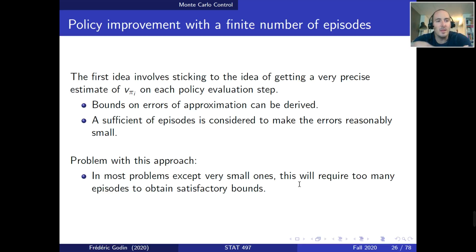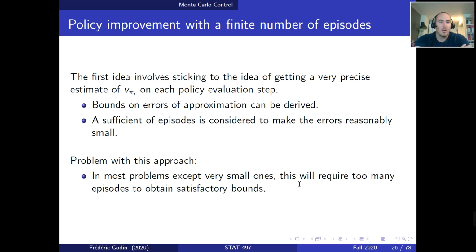In the policy evaluation step, when we have the policy pi I and we want to estimate its value function based on the Monte-Carlo approach by generating episodes, instead of having an infinite number of episodes, a first approach would be to have a finite number of episodes, but a very large number. If you have a very large number, you don't have a perfect estimate of the value function v pi, but you have a good one.